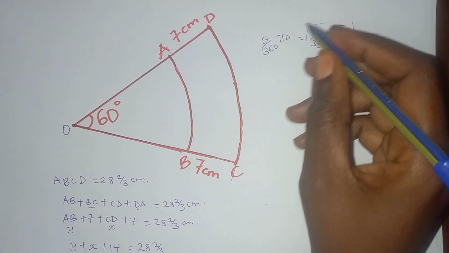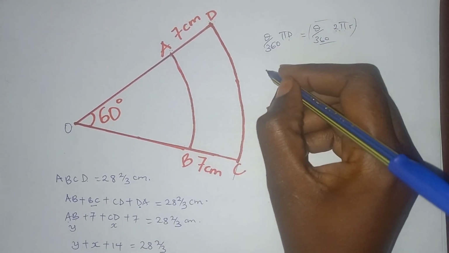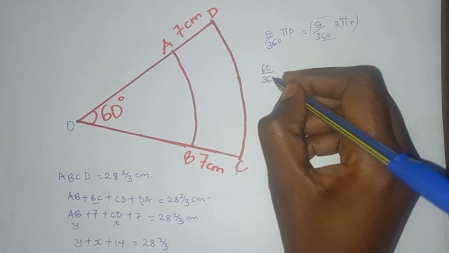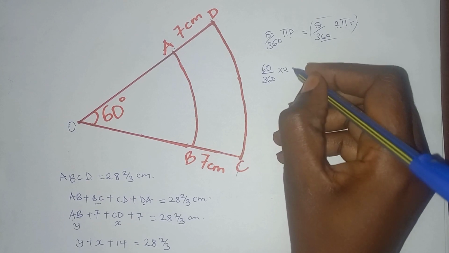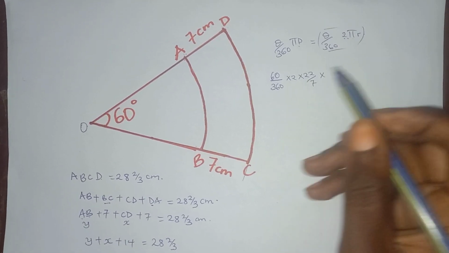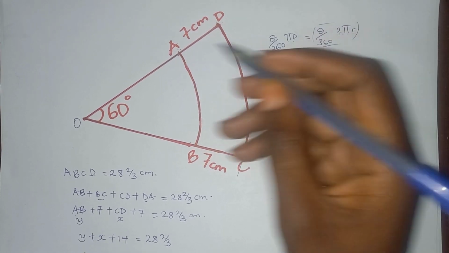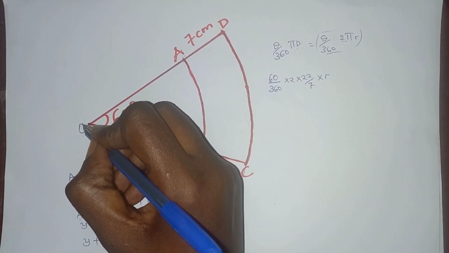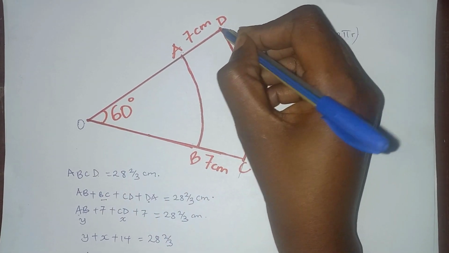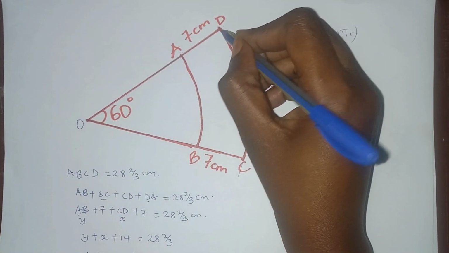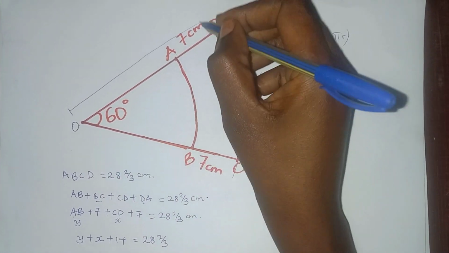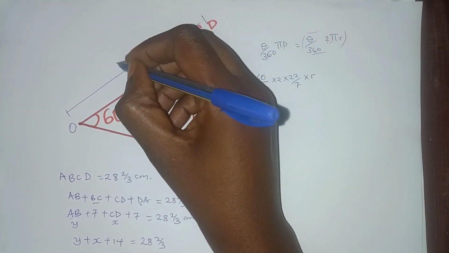So this theta for both of these is 60 degrees over 360 times 2 times 22 over 7 times r. Let's take OD, which is the length of the bigger radius, to be r.